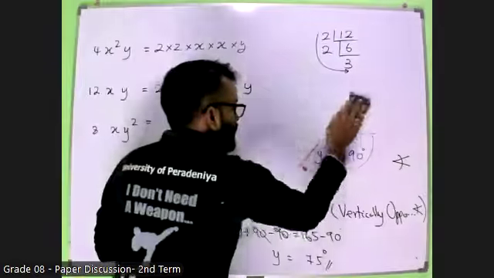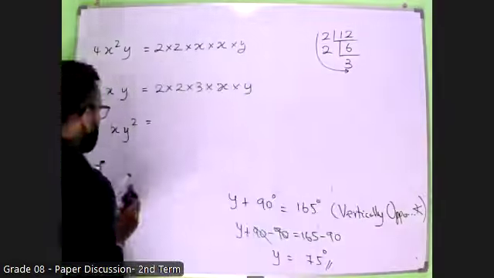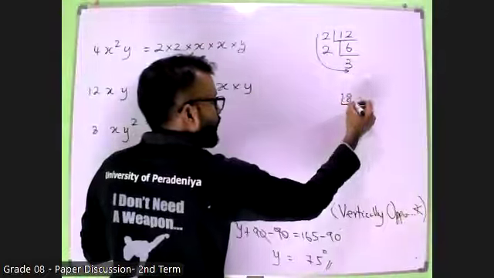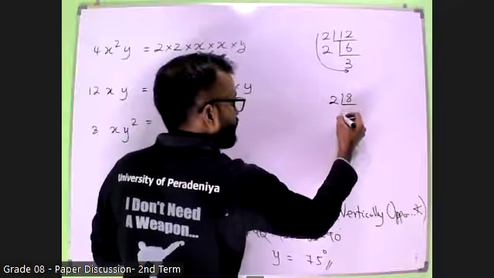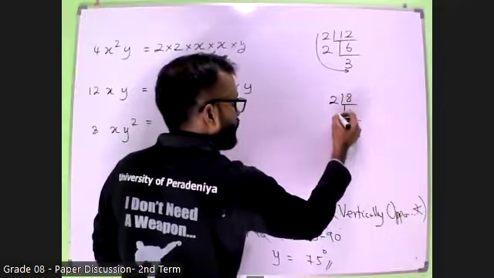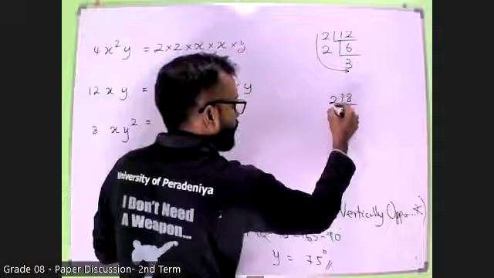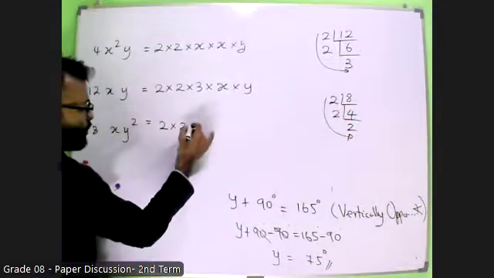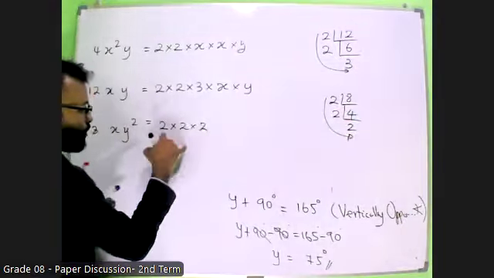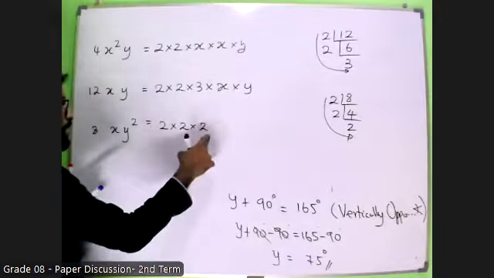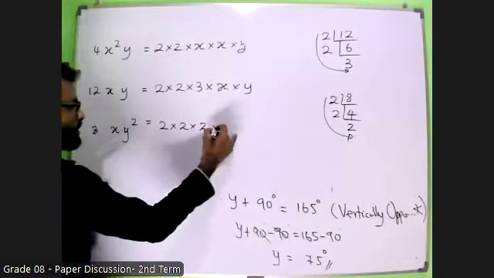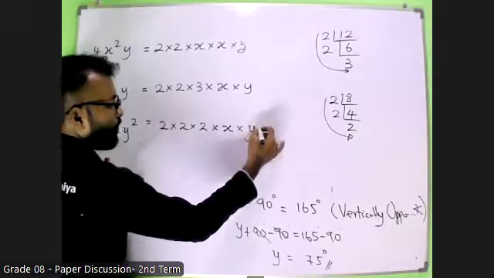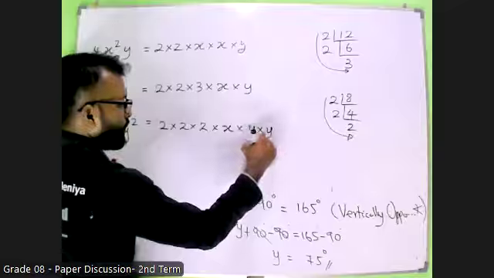So same way you have to apply to 8. How do you write 8 using prime factors? 2 times 4, 8, 2 times 2. So here we have 2 times 2 times 2, 2 times 2 is 4, 4 times 2 is 8, times x multiplied by x, multiplied by y to the power 2, y multiplied by y.